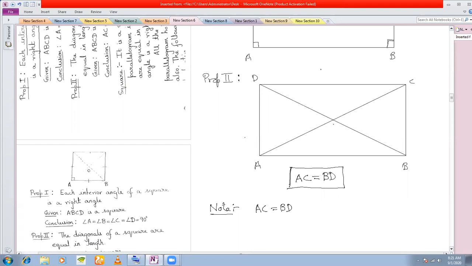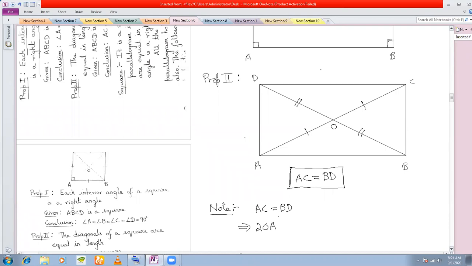Also, if I call the point of intersection of the diagonals O, then you know that in a parallelogram, the diagonals bisect each other. That means these two lengths must be equal, and also these two lengths must be equal, right? So AC can be written as 2 into OA.